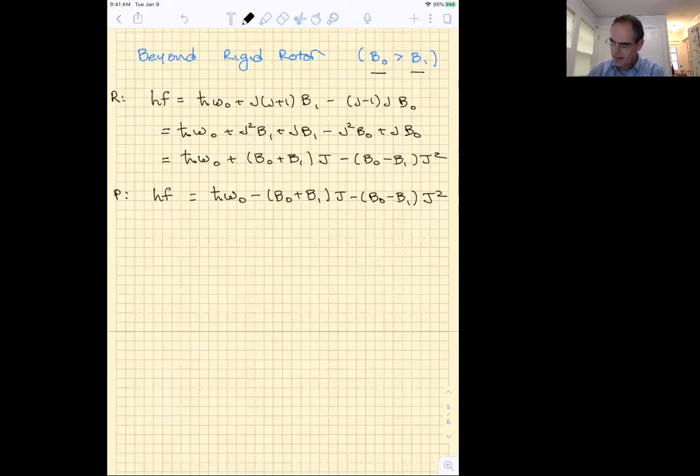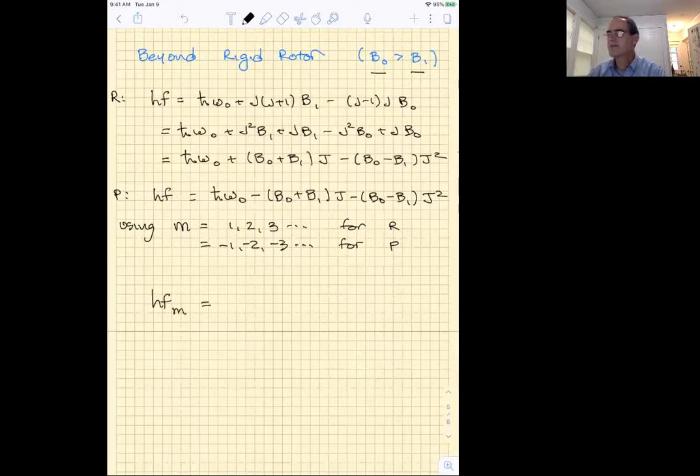And then finally, if we label the states according to M instead of J, where M is equal to 1, 2, 3, and so on for the R branch lines, and it's minus 1, minus 2, minus 3, and so on for the P branch lines, then we can get one nice expression that handles both cases.